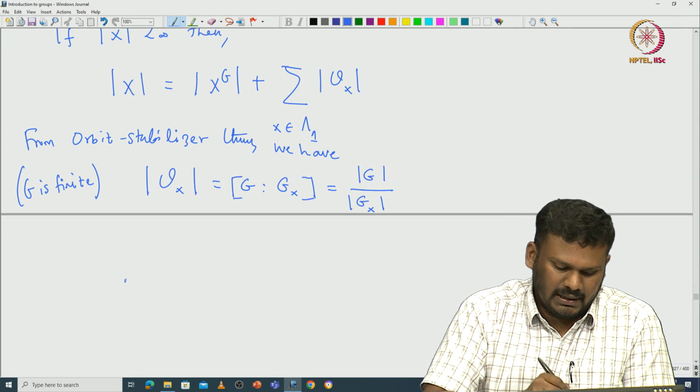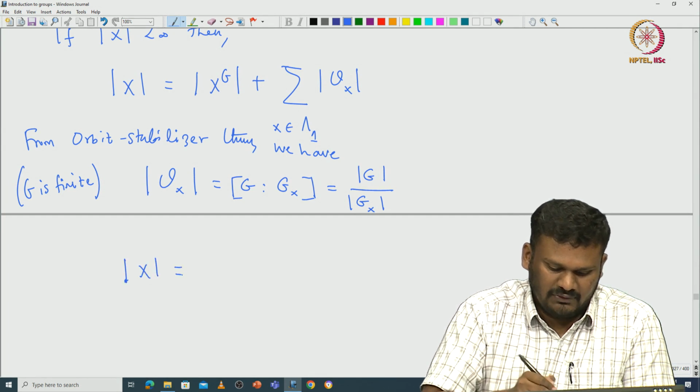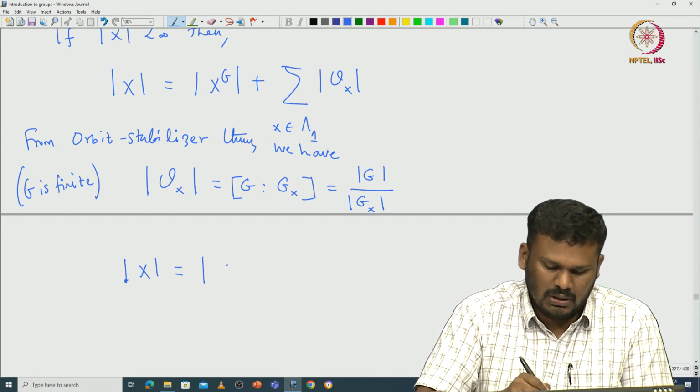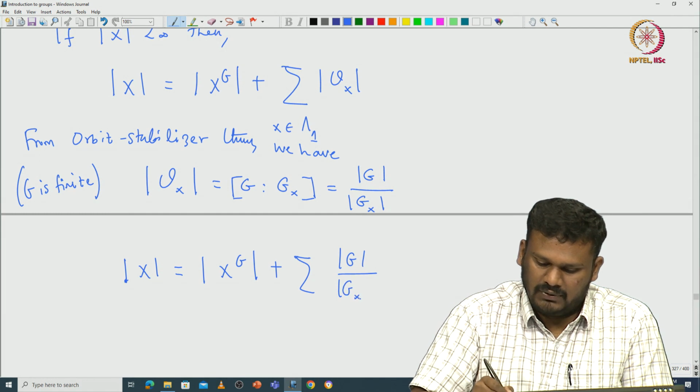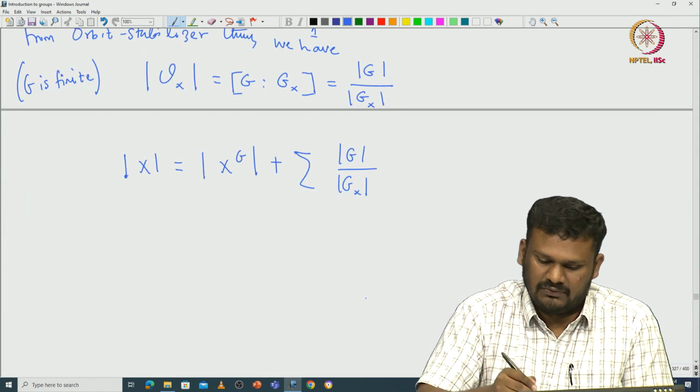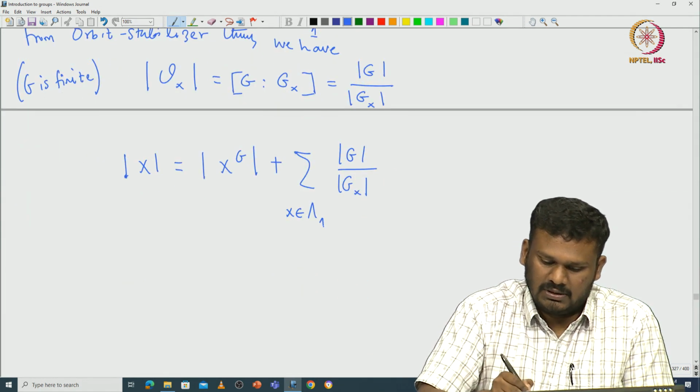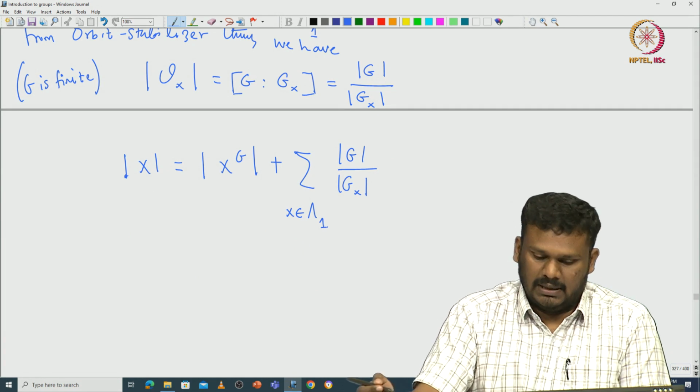So, now by rewriting the orbit decomposition, we get the cardinality of X equal to the cardinality of X^G plus the summation of the index, which is the ratio of the cardinality of G divided by the cardinality of G_x, where x comes from this particular subset Lambda 1.